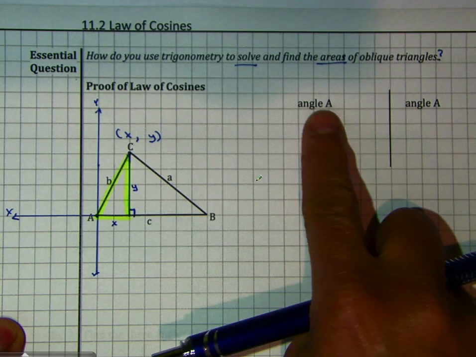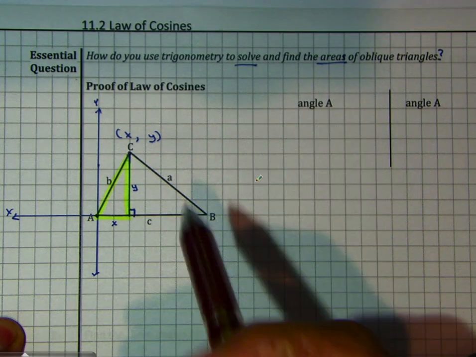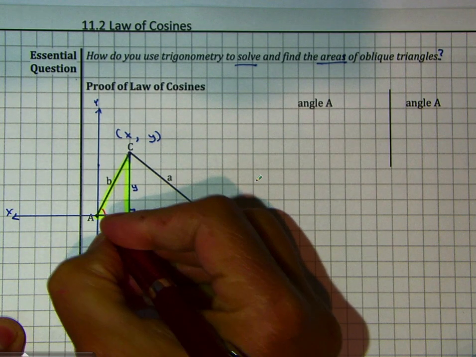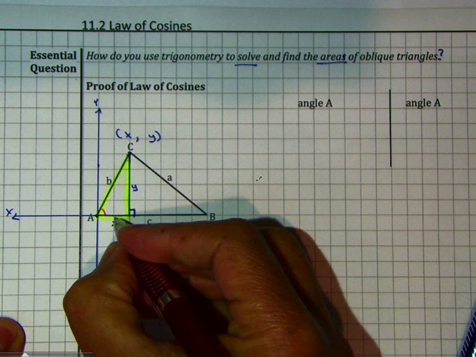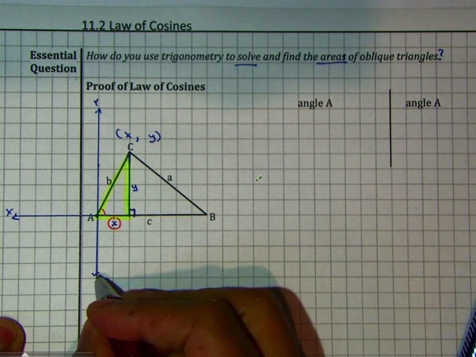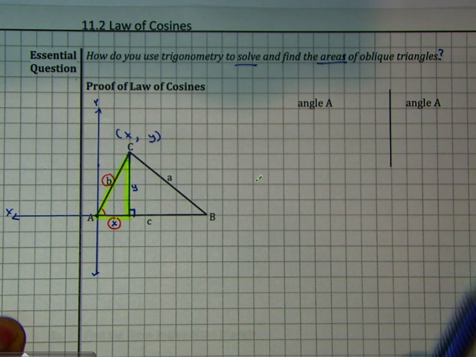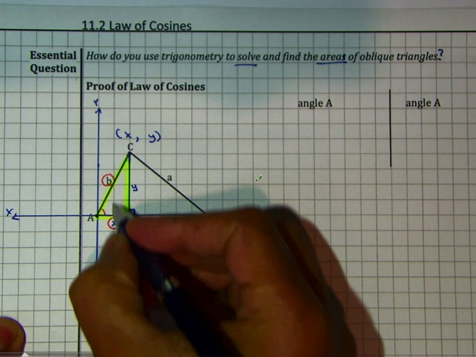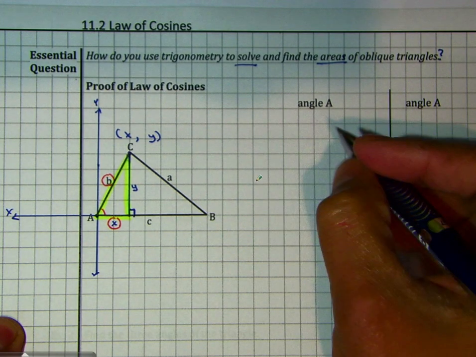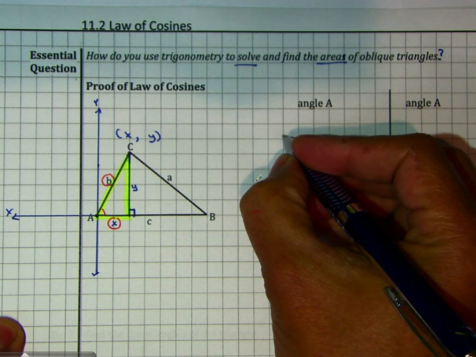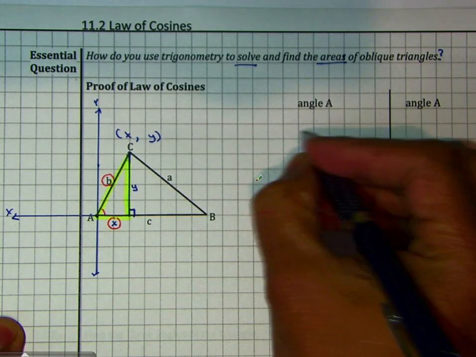And now, using angle A, we need to look for your x, and we're going to use your hypotenuse. So your x is your adjacent, and side b is your hypotenuse. So are we going to use sine, cosine, or tangent? Cosine.